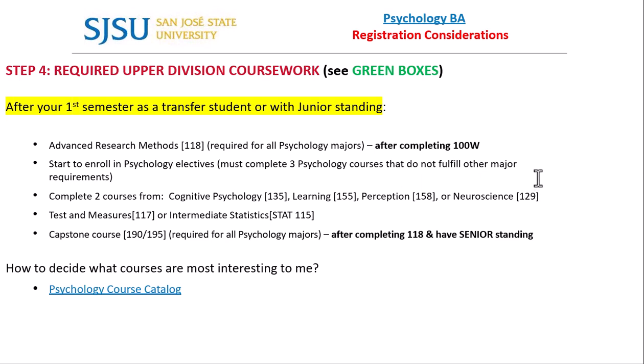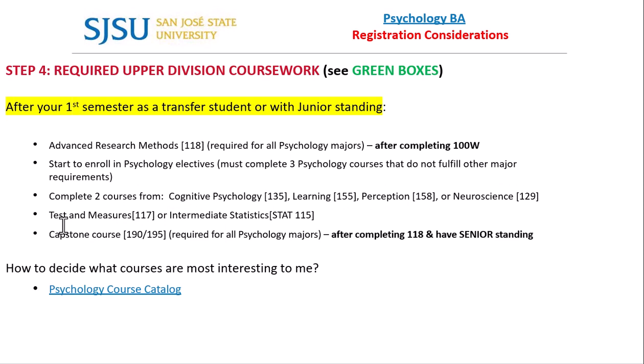So again, make sure that you fulfill all of the prerequisites, especially for neuroscience, if you're interested in taking that course. Otherwise, for these 3 classes, 135, 155, 158, the only prerequisite is Psych 1. Okay, so you have to complete 2 classes from these classes.